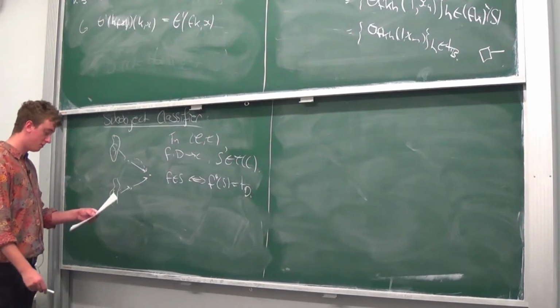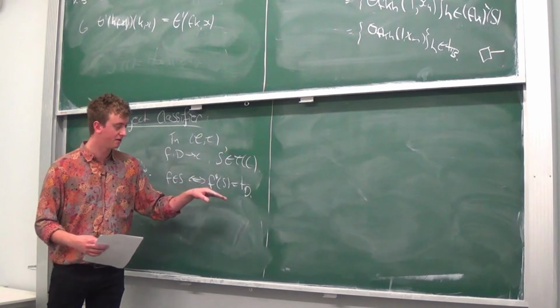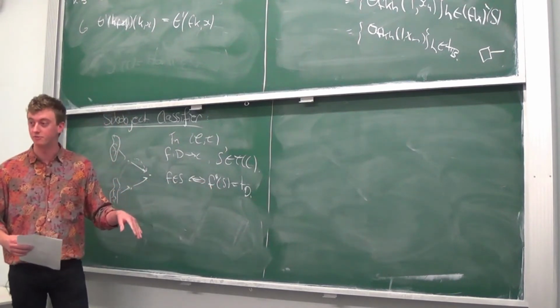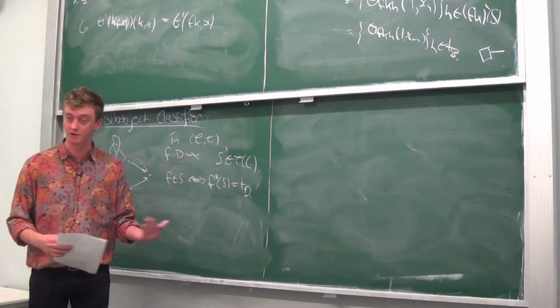Okay. So now we sort of have the terminology of a sieve covering an object. It's quite natural then to take the relative generalization and talk about a sieve covering a morphism between two objects.